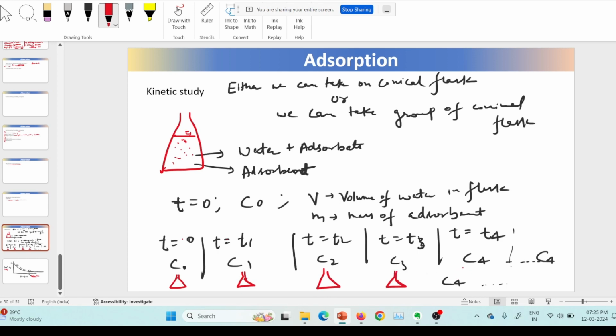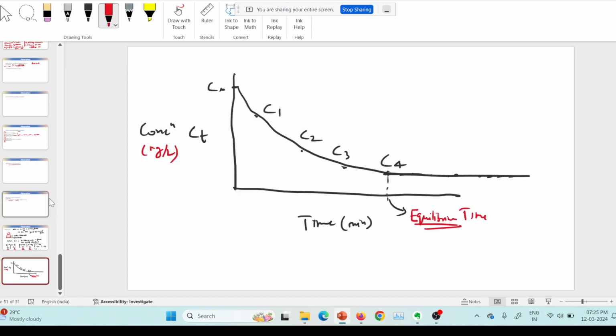We won't take the reading next, because the sample volume will change and it will be disturbed. So what else can we do?